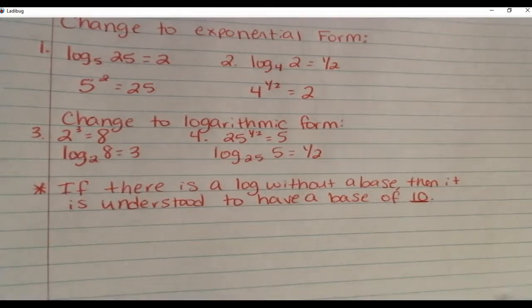So you have log, it doesn't have a base, then it has an understood 10. Just like when you have your square root, it has that understood little 2 out front. Same kind of thing.